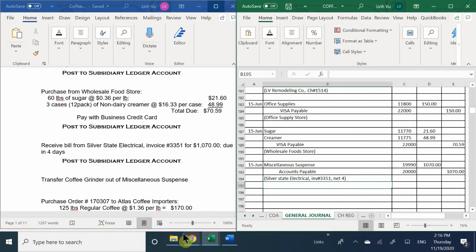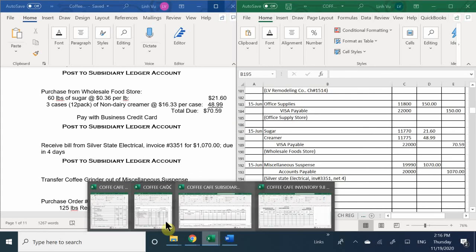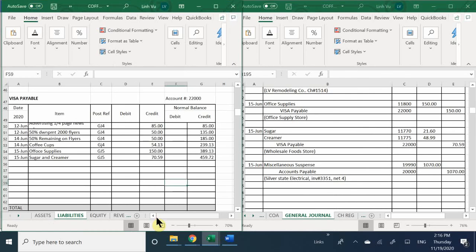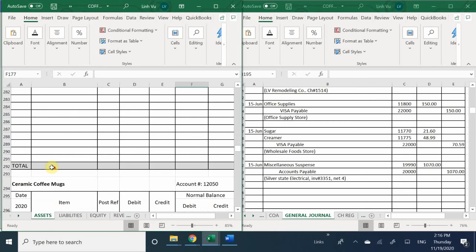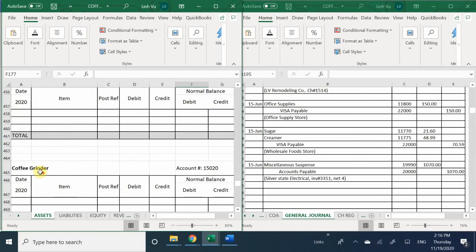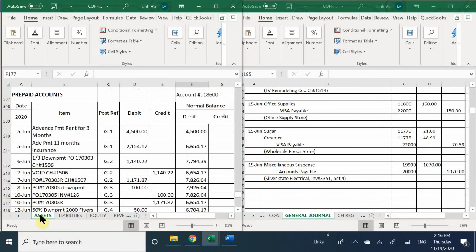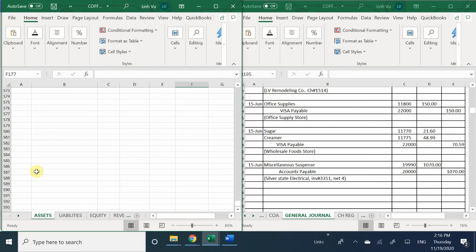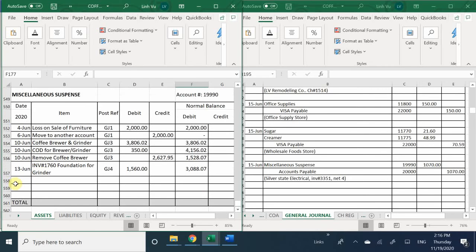So now we can go to our general ledger. We're gonna go to our assets and we're gonna go all the way down to the bottom to our miscellaneous suspense. All right. So our date is 6/15.